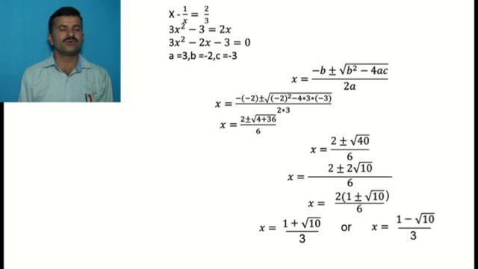Therefore, x is equal to 2 in the bracket 1 plus or minus square root of 10 divided by 6. 2 1s are 2, 2 3s are 6. Therefore, you can write the last answer x is equal to 1 plus or minus square root of 10 divided by 3. Therefore, x is equal to 1 plus square root of 10 divided by 3 or x is equal to 1 minus square root of 10 divided by 3 are the solutions of this equation, but one value we have to put once again in the original example.